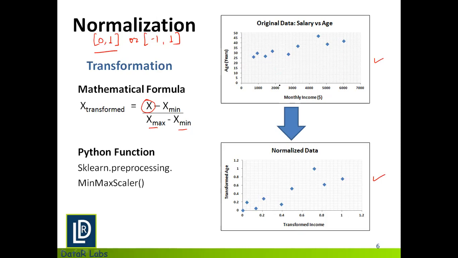Whereas the thing which changes is the range of the data. Monthly income, which in the original data was from 0 to almost 6,000, in the transformed data lies within 0 and 1. Similarly, the age, which was somewhere from 26 till 49, now has a range between 0 and 1.